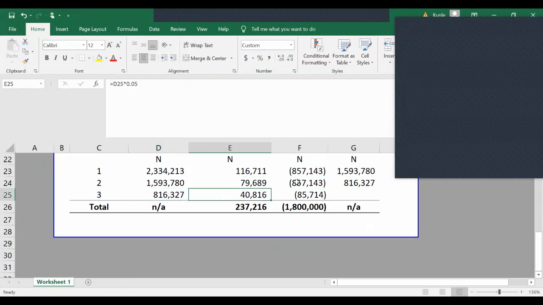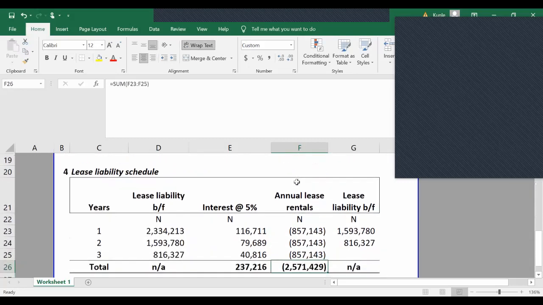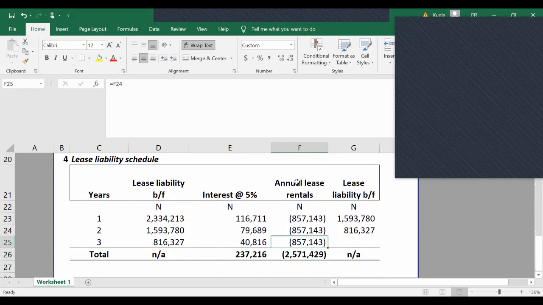You are investing 816 at 5% and making a payment of what? 857. Don't forget, as we make the payment of 1 million, 857,000 of it is lease component and 142 is the what? Non-lease component. So it is the principal component that will be recognized here.